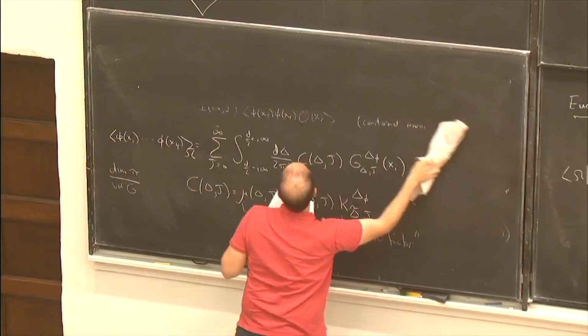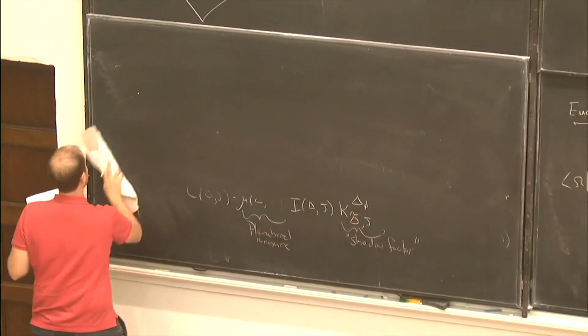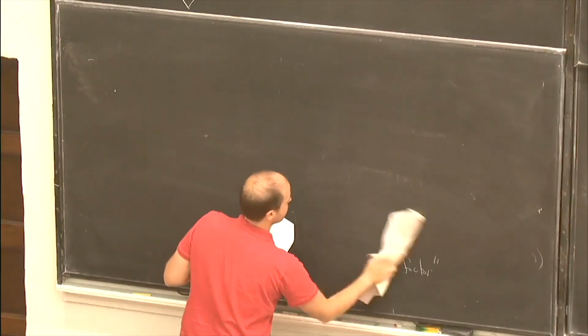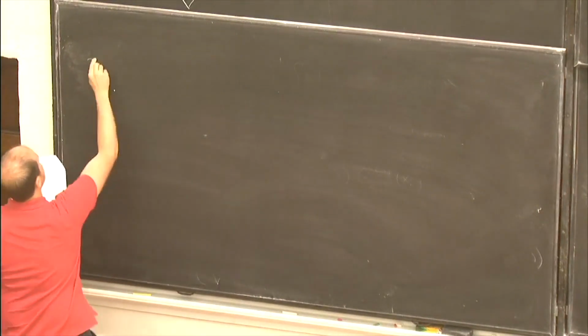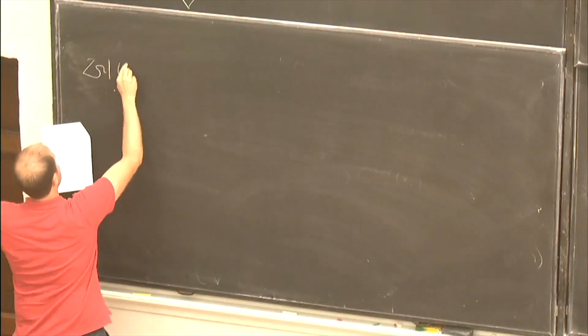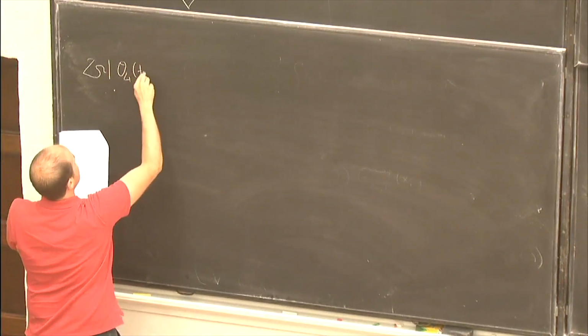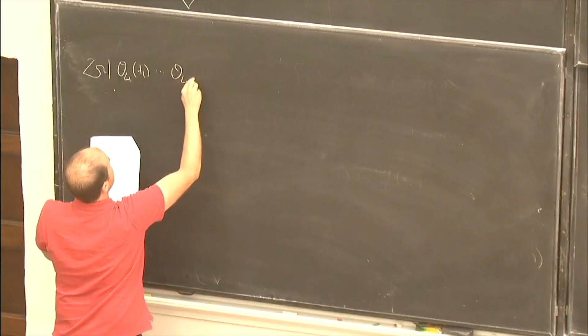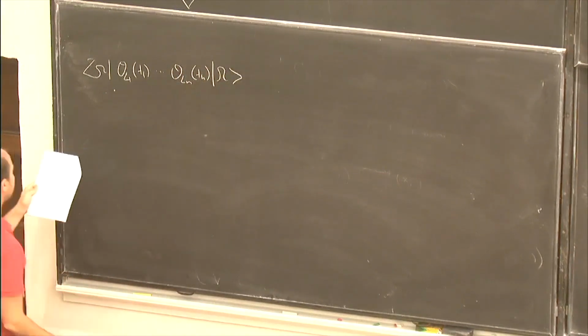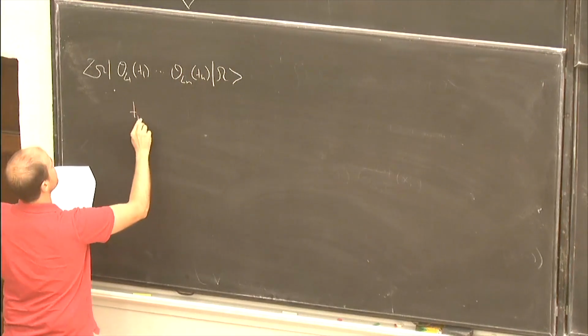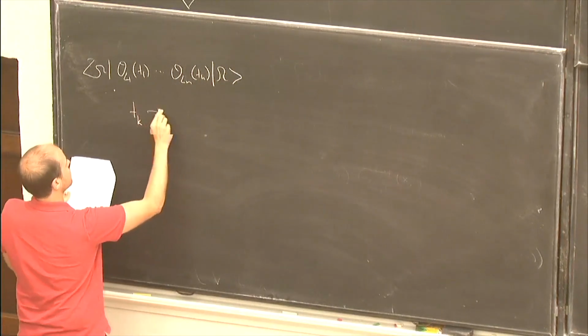So as I mentioned, Wightman functions are boundary values of holomorphic functions. And what that means is that if we start with a Wightman function, then we can safely give these t's imaginary parts.